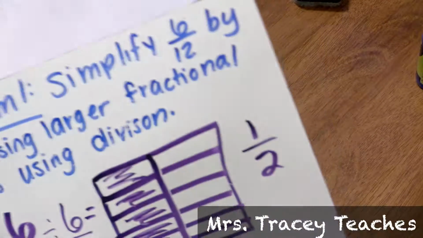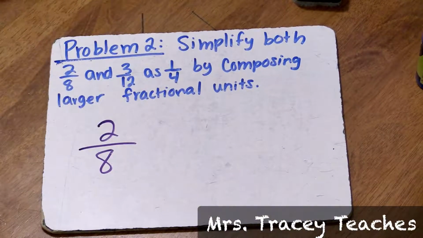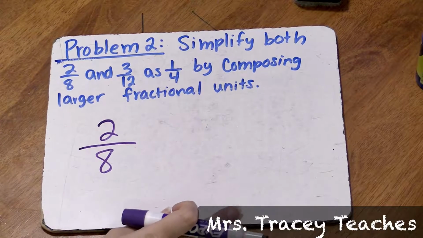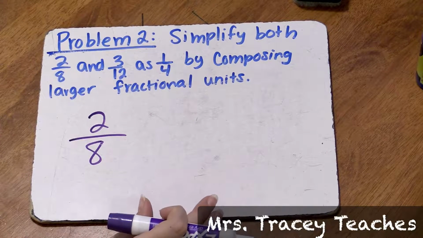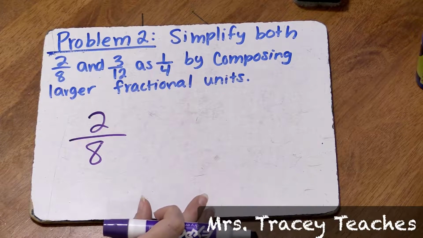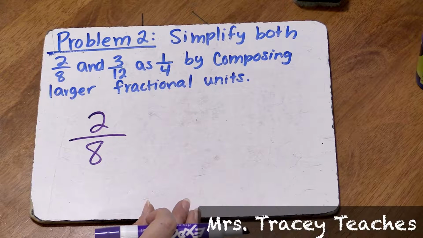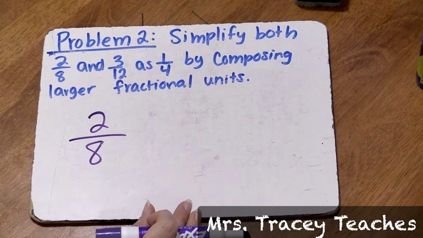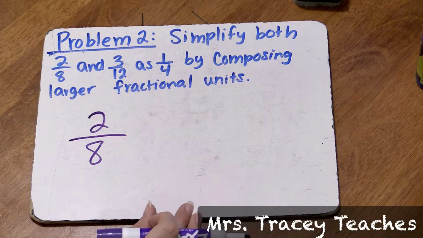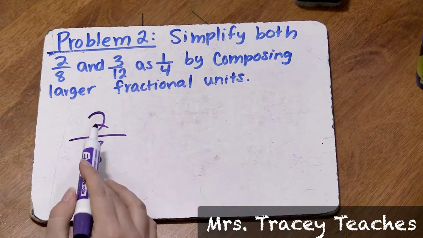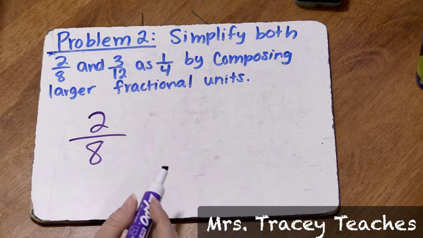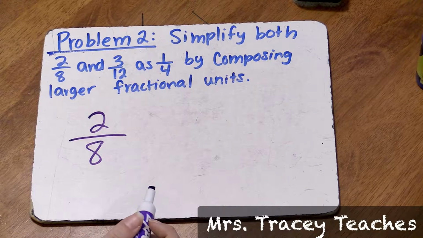Problem 2 says simplify both 2/8 and 3/12 as 1/4 by composing larger fractional units. So I have 2/8. It says draw an area model to represent 2/8.